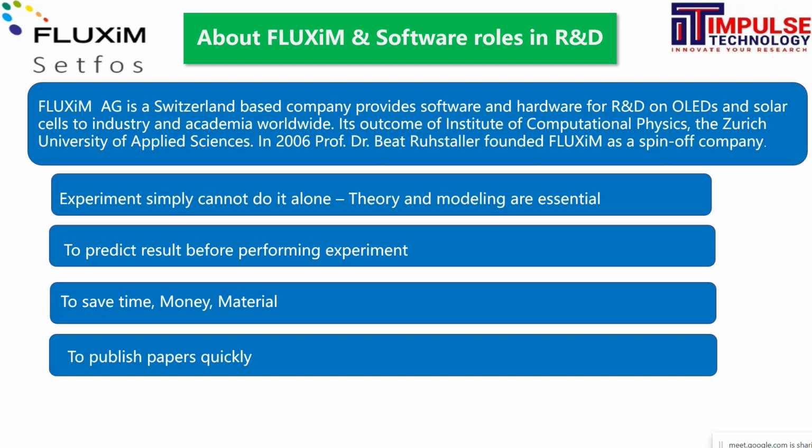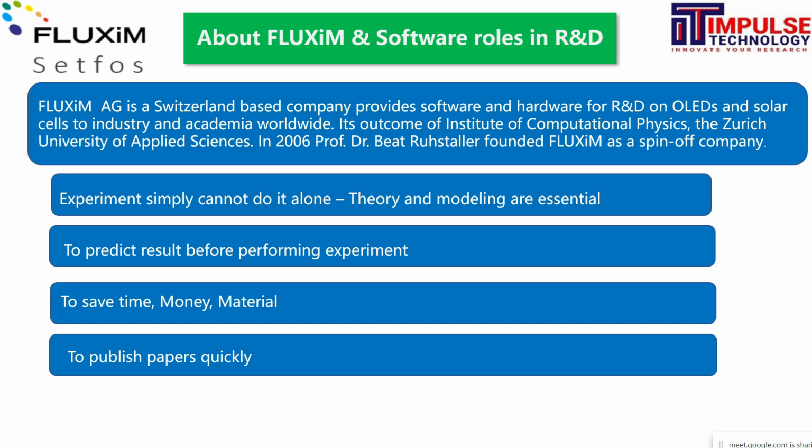Many people work on experimental fabrication and synthesis. Sometimes theory, modeling and simulations are also very essential nowadays because they can predict results near to the experimental. Whatever experimental work, synthesis work or fabrication you do, you can also get near 95, 98, 99% accuracy through simulations.